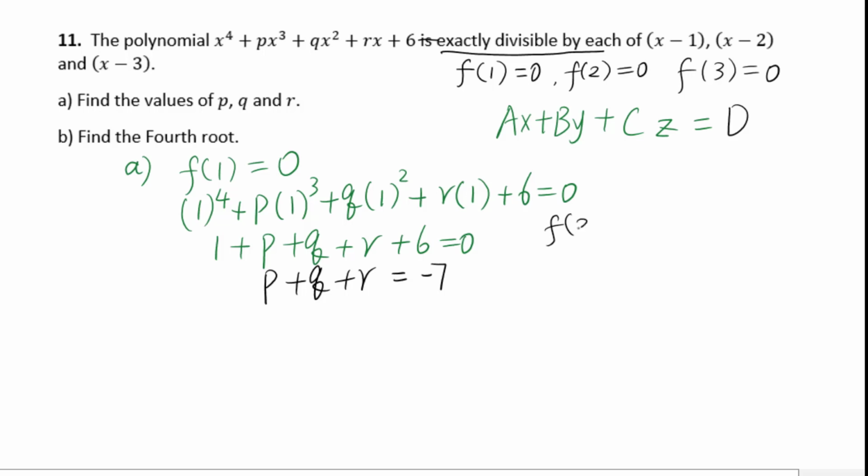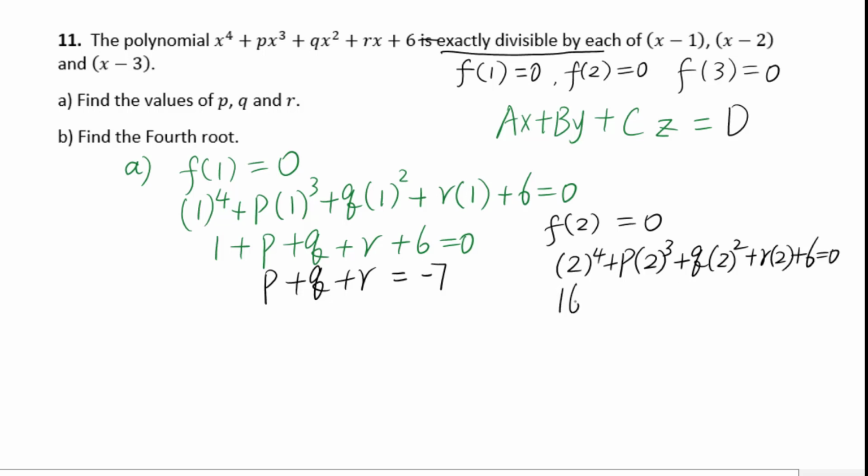For f of 2 equals 0, 2 to the fourth power plus p times 2 to the third power plus q times 2 squared plus r times 2 plus 6 equals 0.